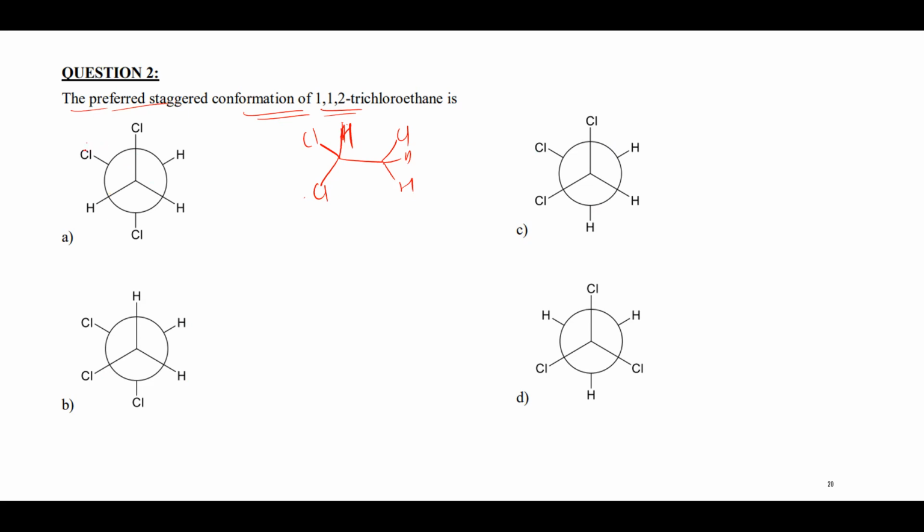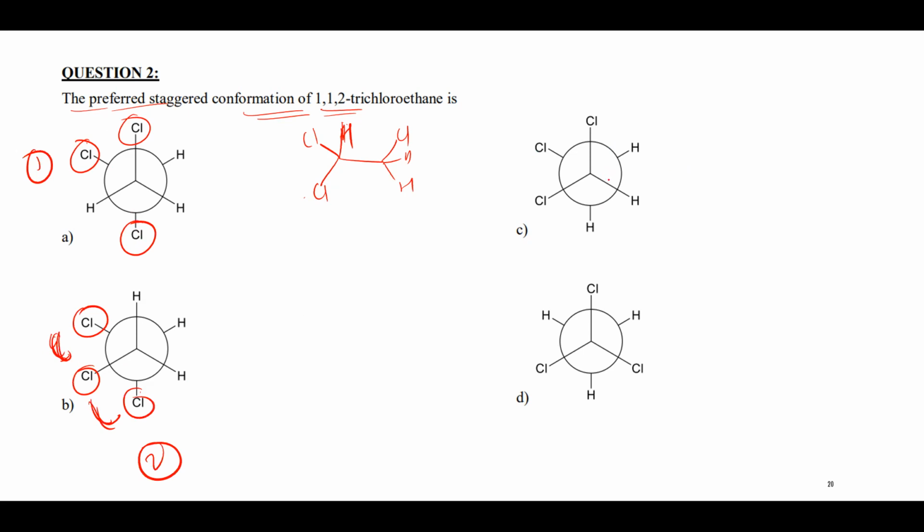We'll count how many gauche interactions are present between the chlorine atoms. Here, one gauche interaction is present, and in between here also one gauche interaction is present. So there are 2 gauche interactions in this structure.